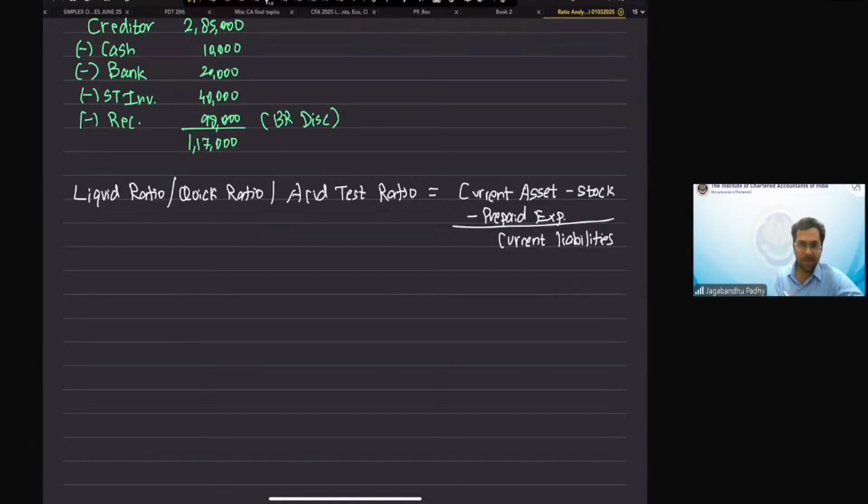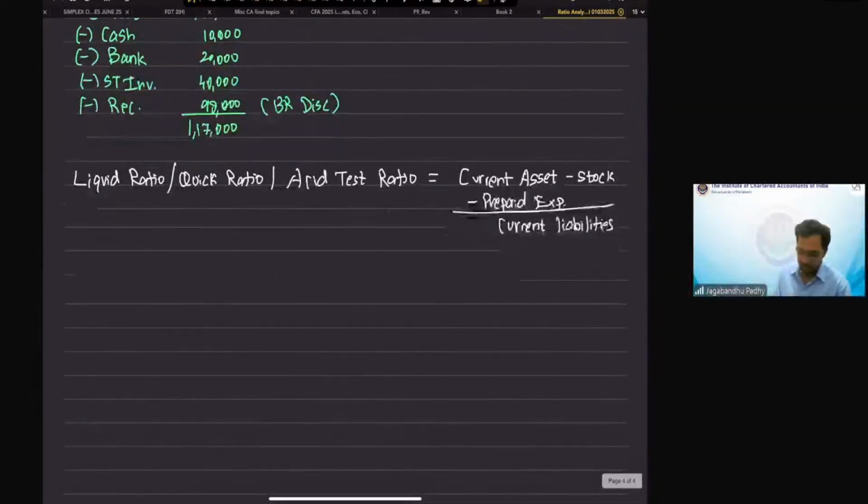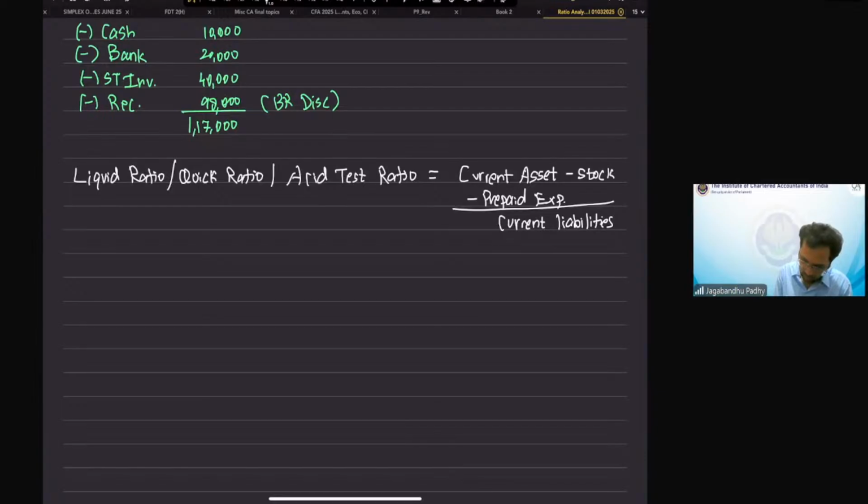So we can make this ratio a bit more strict by saying that only these 3 assets are essentially available for quick payment to the creditors. We can monetize the receivables also by converting them to bills receivable and then getting them discounted. But again, it takes time and it's a procedural part. So to make it even better, we can calculate the absolute liquid ratio.